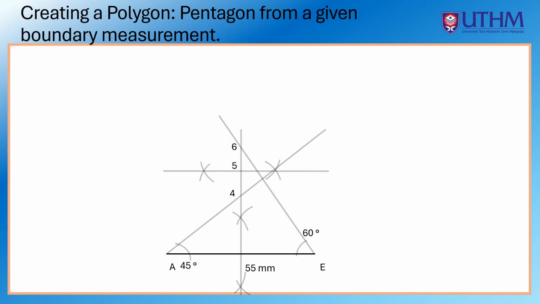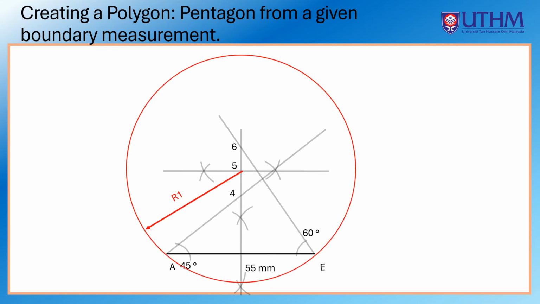By referring to point 5 as the center, a circle is constructed that touches points A and E. The radius of the circle is equal to 5A.